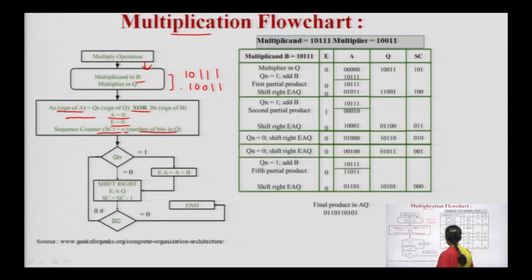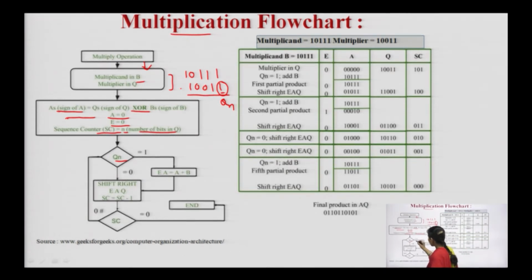What are we performing? We are starting from this bit, that is the LSB of my Q, the LSB of my multiplier. This is known as the Qn bit. So, this Qn is checked first, it will be either 0 or 1, as we are dealing with binary numbers.